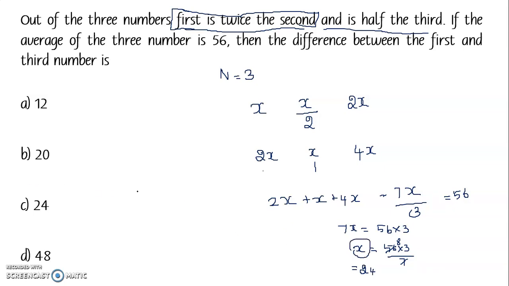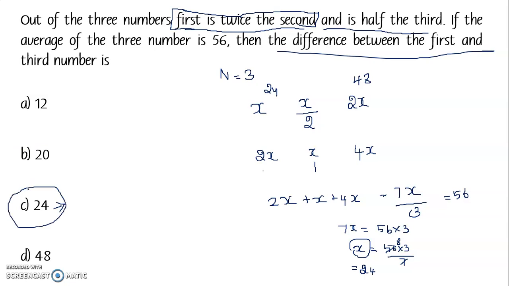But that is not the required answer, because you might see 24 here. So don't immediately select C as the answer. What is the required answer? Difference between first and third number. So the first number is 24 and the last number will be 24 into 2, that is 48. Anyways, of course C is our answer here.